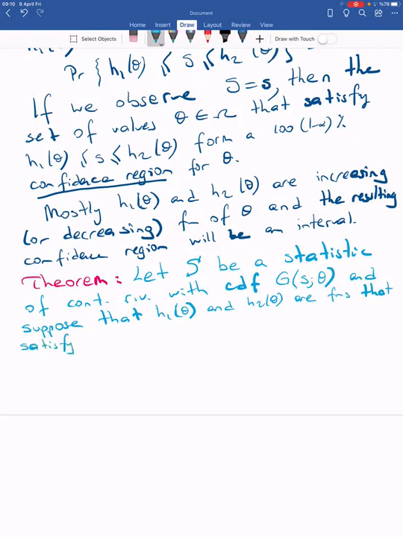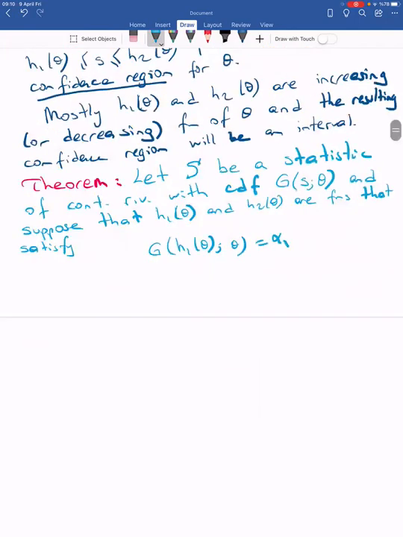So the G function, when we replace S by the H1 function, will give alpha 1, the lower tail probability, and when we replace S by the upper bound H2, we get 1 minus alpha 2.